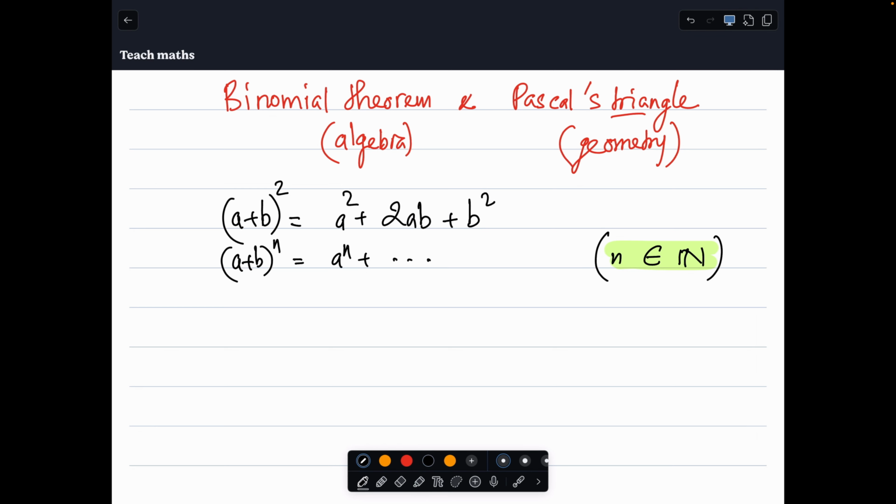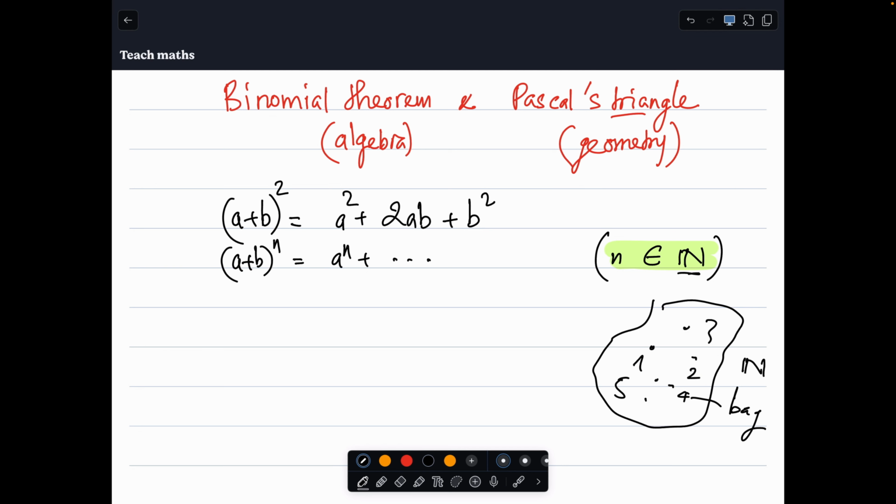Okay, you can think of this like a bag. This is a bag designated by the label n, and n is here. 1 2 3 4 5 6. Of course no one does this, but in their mind this is a set. This is set theory.